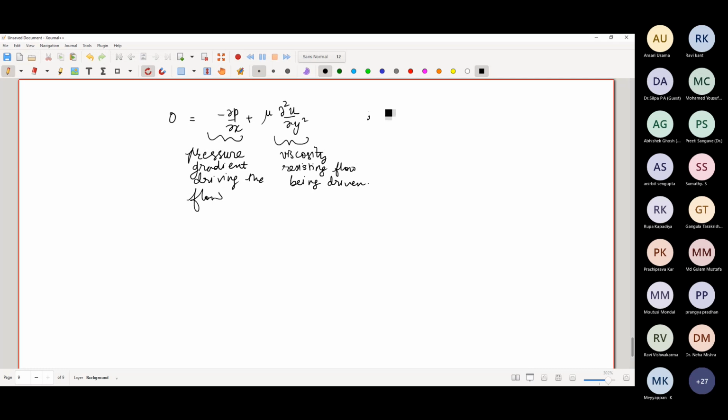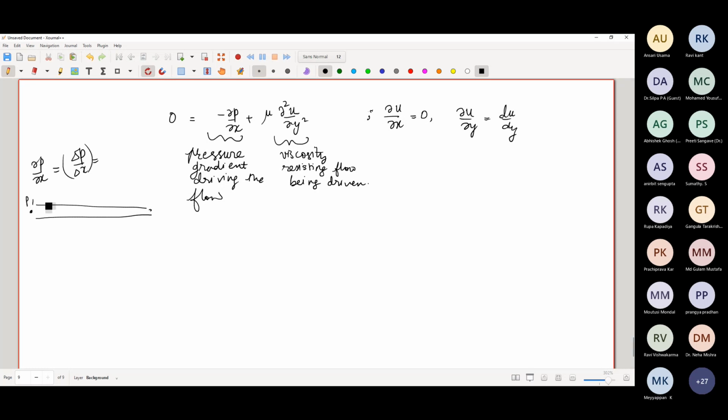Because we know that del u del x is equal to 0, we can simply write del u del y as du dy. And the pressure gradient driving the flow: if you have a long channel like this, we can show that del p del x is equal to delta p over delta x, which is a constant.